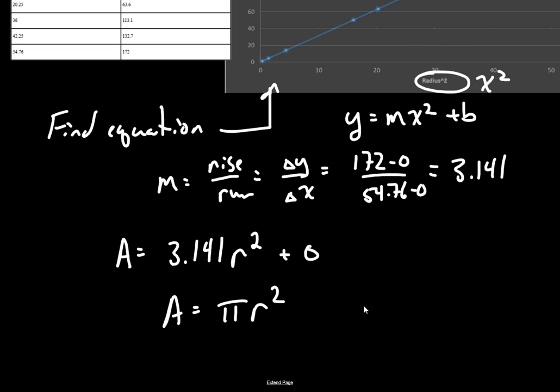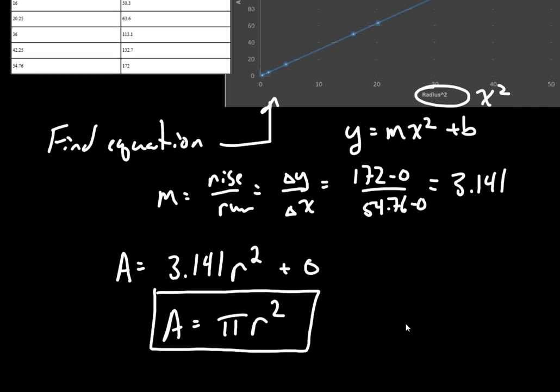So we can come up with a mathematical formula by taking data from experiments, right? Cut out a bunch of circles, measure their areas, and you will come up with the relationship between the radius and the area: the square of the radius times pi. 3.141 is pi. Here is a y equals mx plus b.